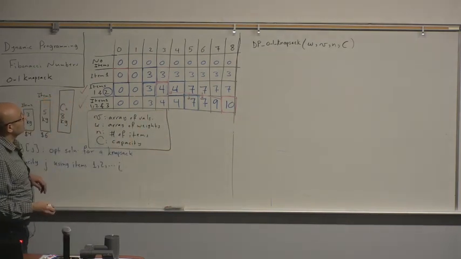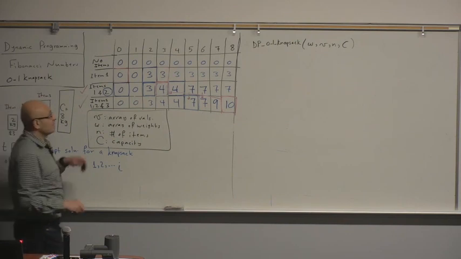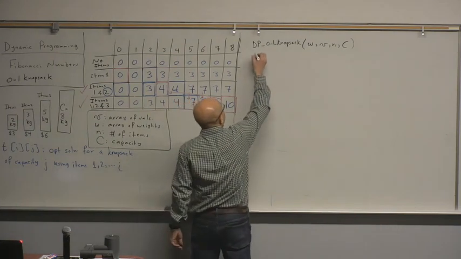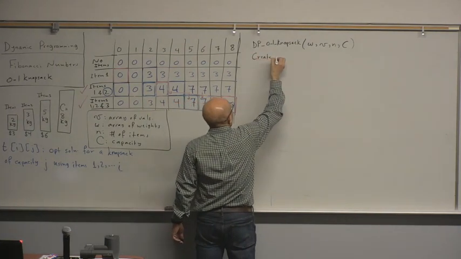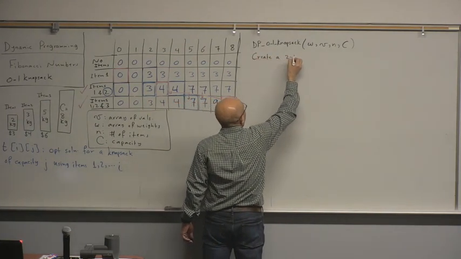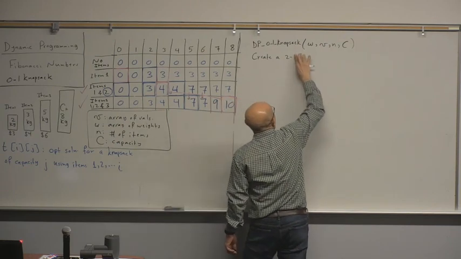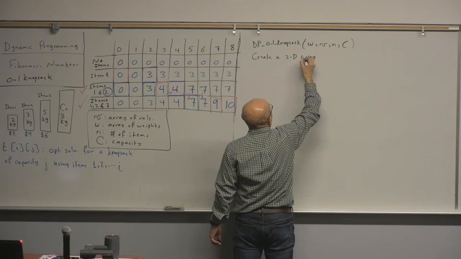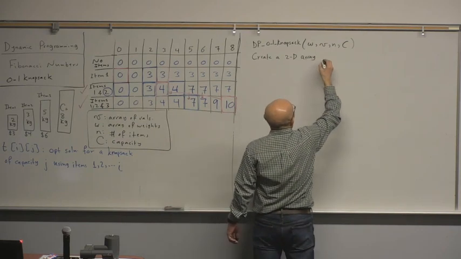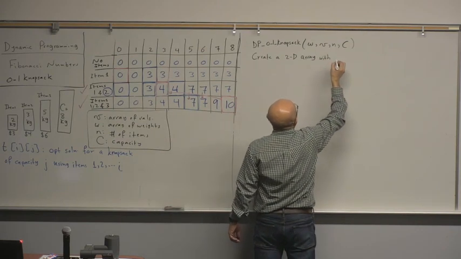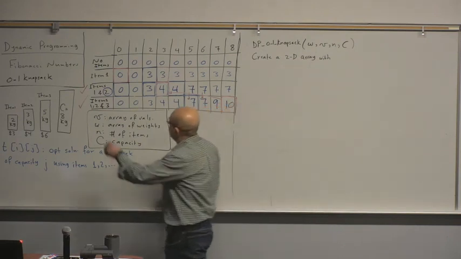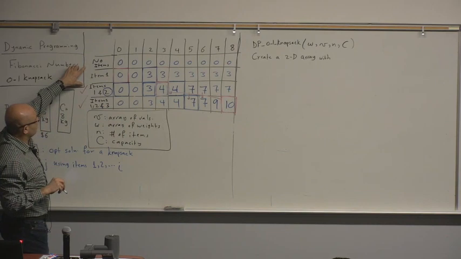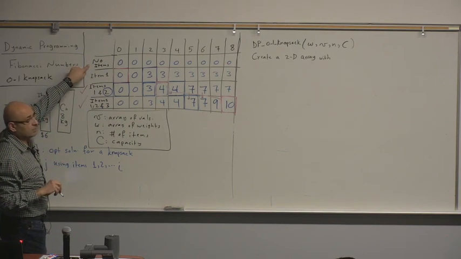Okay. So now this algorithm is just going to construct this table. So first, create a two-dimensional 2D array with what's the number of rows? Number of items plus 1, right? Because you have a no item row.